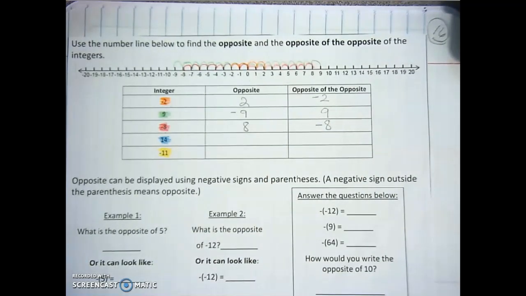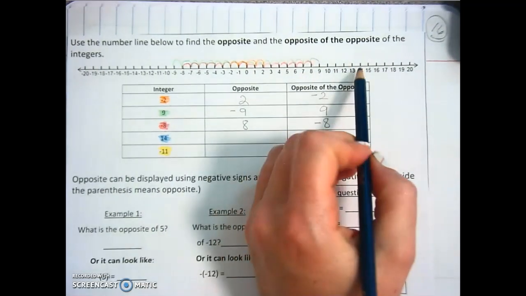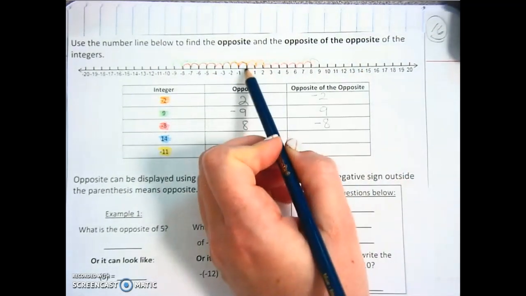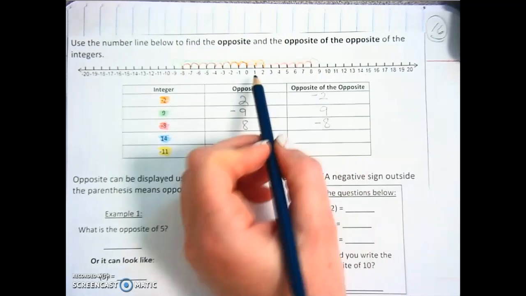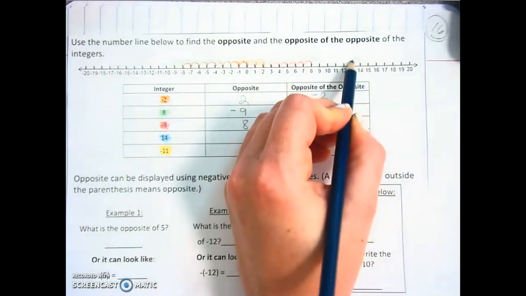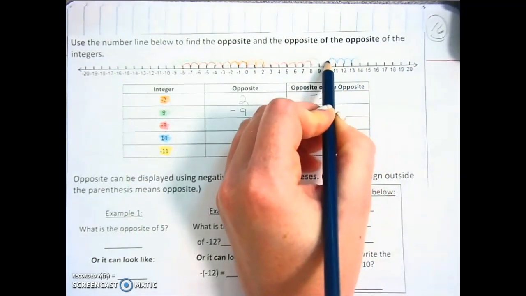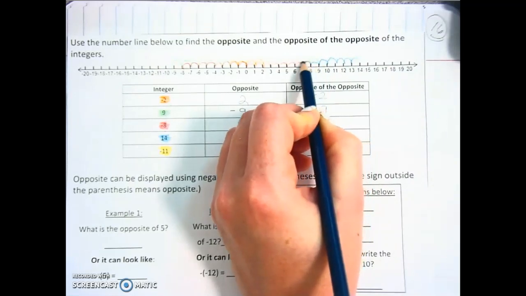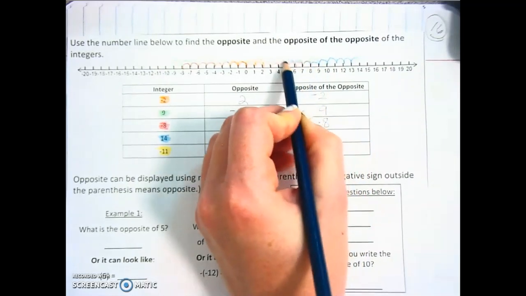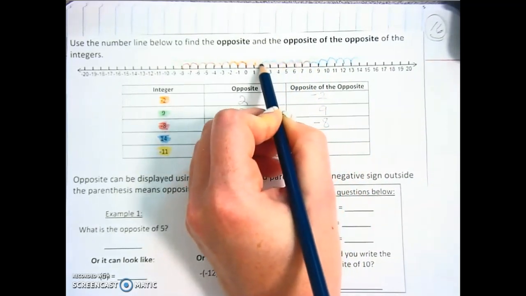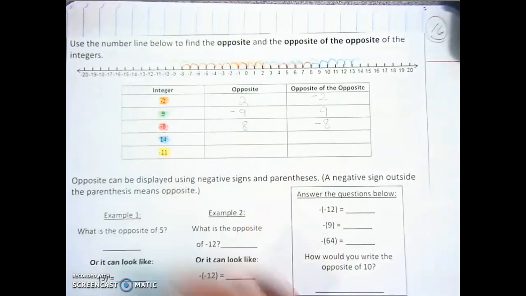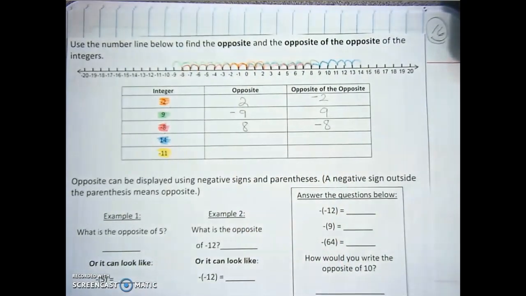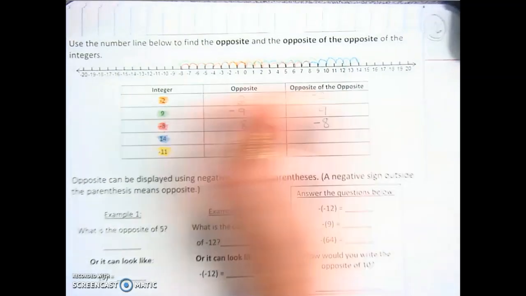All right, 14. I have blue for that one. I'm going to go to +14 and count the spaces to find my absolute value to get to 0. 1, 2, 3, 4, 5, 6, 7, 8, 9, 10, 11, 12, 13, 14. So 14 spaces to get from +14 to 0.